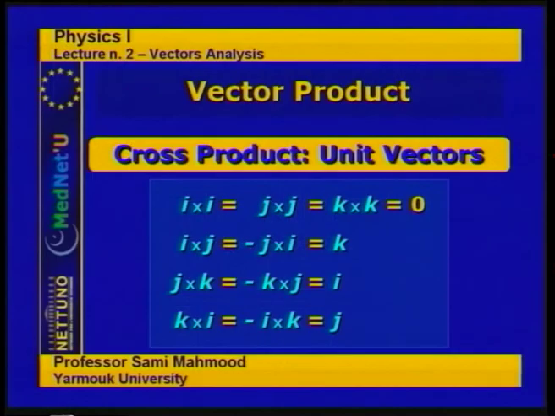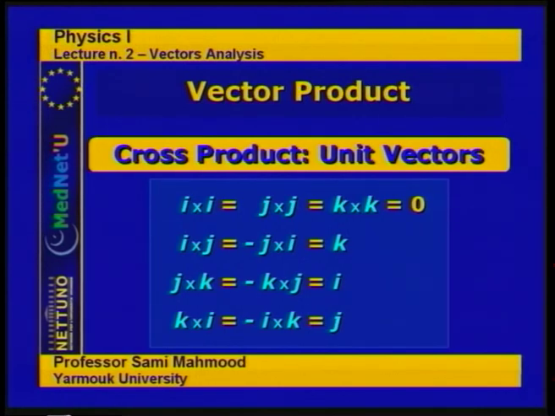The cross product between two different unit vectors is a different story. That also comes from the definition of the cross product. So I cross J, for example, equals the magnitude of I, which is 1, times the magnitude of J, which is also 1, times the sine of the angle between them.